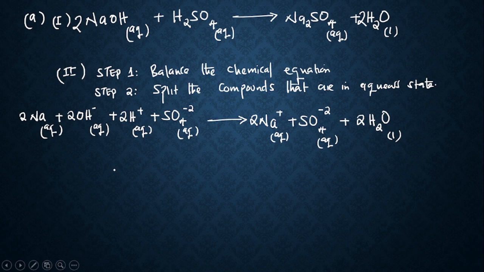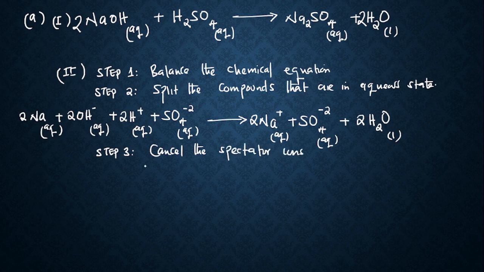Step number 3: we cancel the spectator ions. We are looking at ions that are found both on the reactants and on the products.